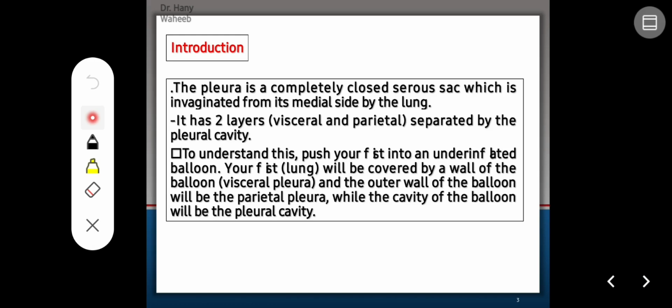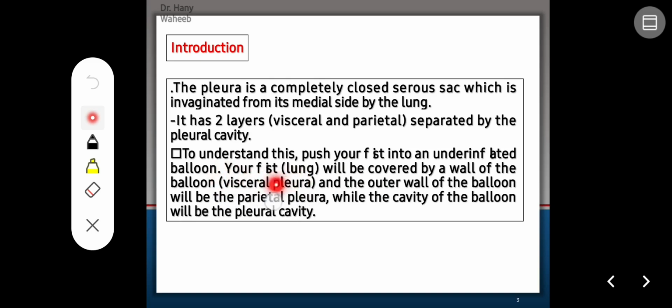To understand the idea of invagination of the lung through the medial side of the closed serous sac, which is the pleura, push your fist into an underinflated balloon. Push your fist into the side of a balloon.